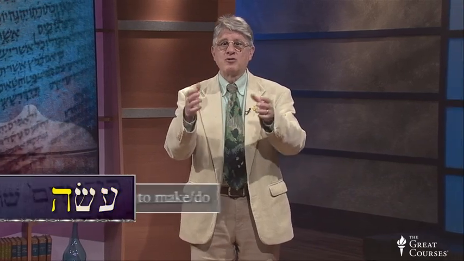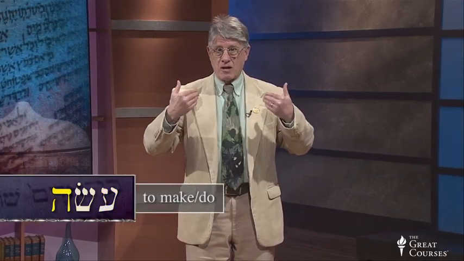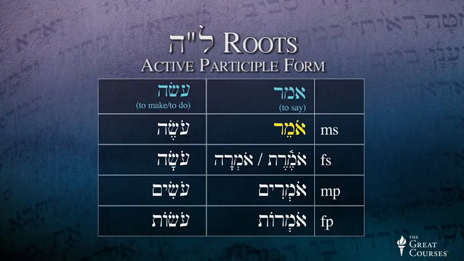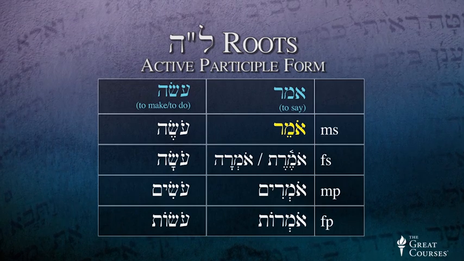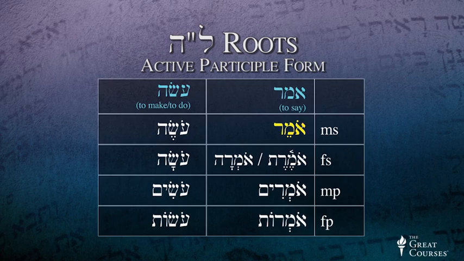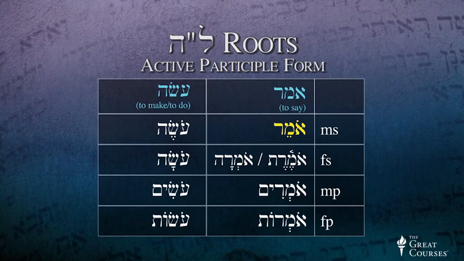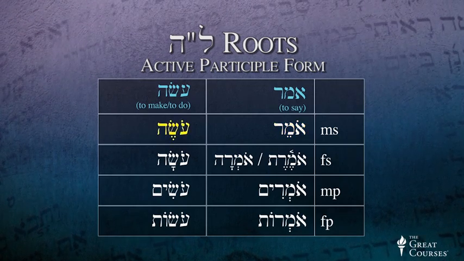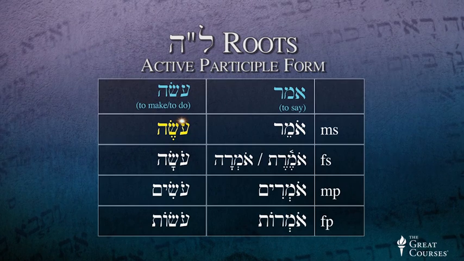Let's start by using the root ayin sin hey, to make or to do, as our example verb. And since we were just talking about the adjective yafeh, let's begin with the verbal adjective, the participle of ayin sin hey. This is a kal, active participle, so there's an o after the first radical, omer, kotev, and so forth. And our participle also starts that way, with o after the ayin.